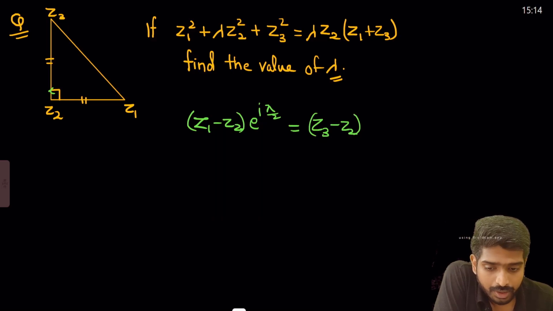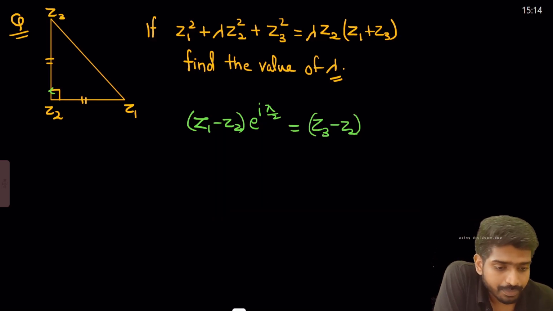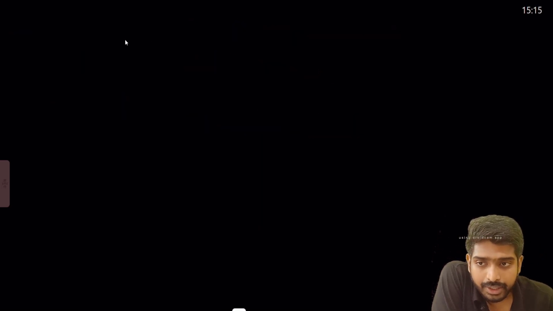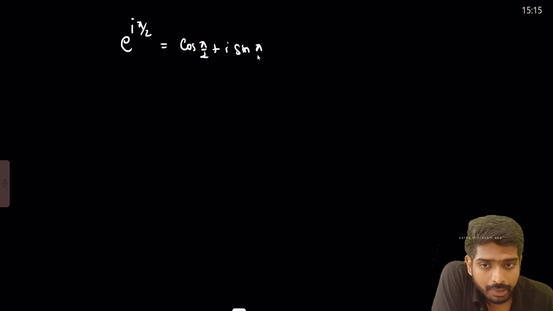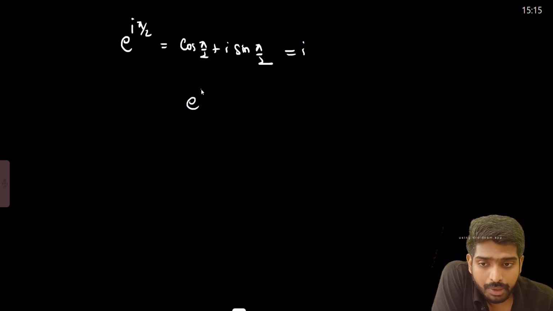Got it? One more thing, these are important things you have to remember, that e to the power iota pi by 2 is equal to cos pi by 2 plus iota sine pi by 2, right? Cos pi by 2 is 0, iota sine pi by 2 is iota into 1. So e to the power iota pi by 2 will always be equal to iota.